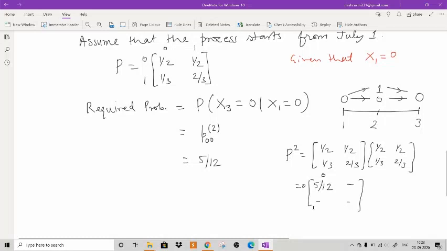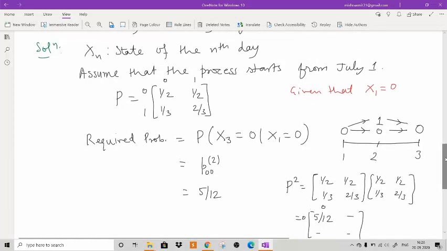I have not found the other 3 elements because those calculations are not required here. So this comes out to be 5 by 12. Another method: you can find the probability of going from 0 to 1 and then from 1 to 0, and 0 to 0 and 0 to 0, then add them, and you will again find 5 by 12.